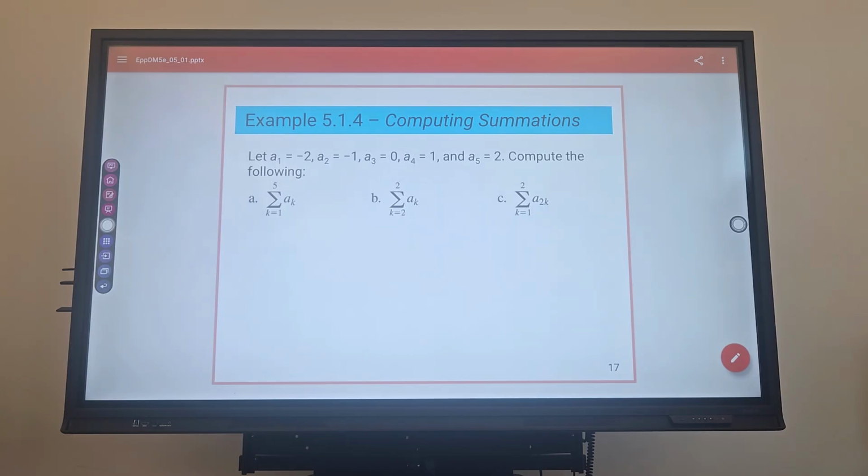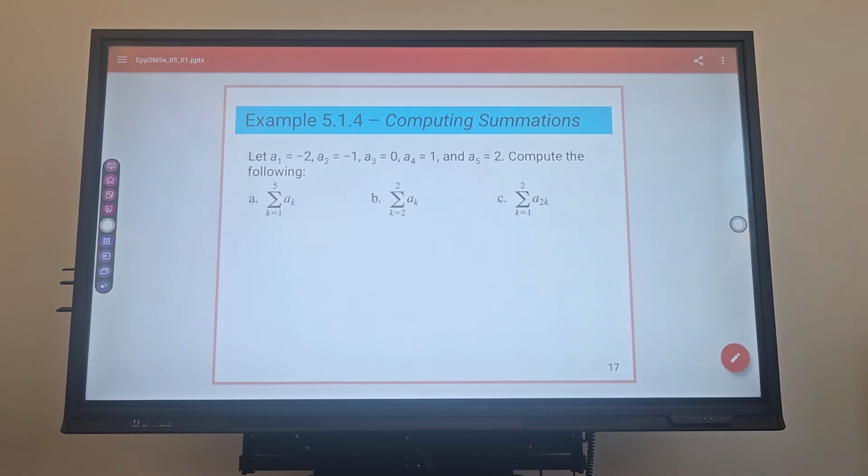Let a sub 1 equal minus 2, a sub 2 equal minus 1, a sub 3 equals 0, a sub 4 equals 1, and a sub 5 equals 2. Calculate the following. The sum of a sub k with k from 1 to 5. What would that be?